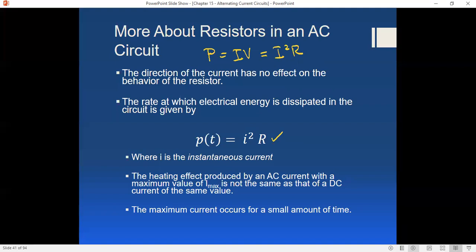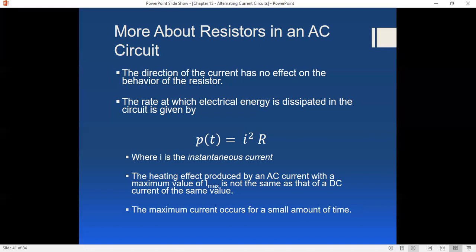Now, we come into a little bit of difficulty here because when we're looking at the current, it is based on a sinusoidal function. It's based on sine or cosine, depending on where we start with the phase of the voltage and the current.